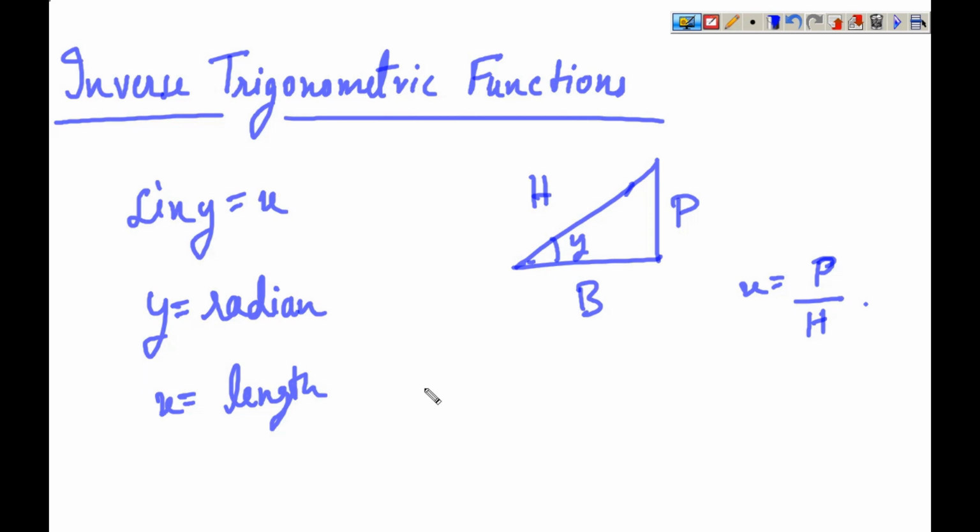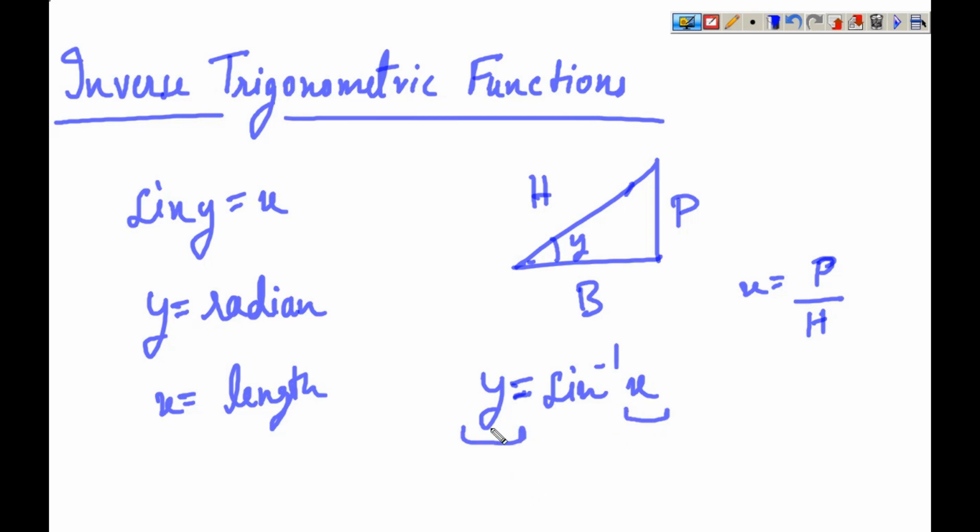Now in inverse trigonometric functions, we can write it as y equals sine inverse x. It means that when I input any ratio x, I get the angle y.